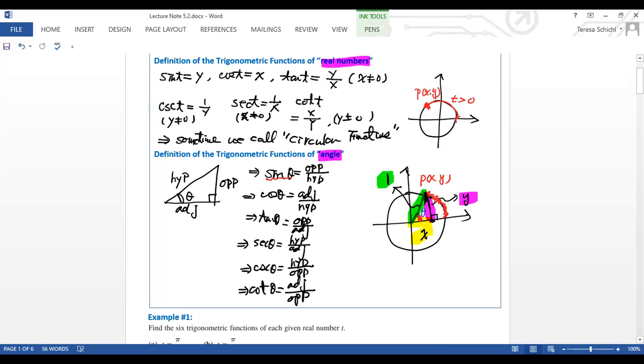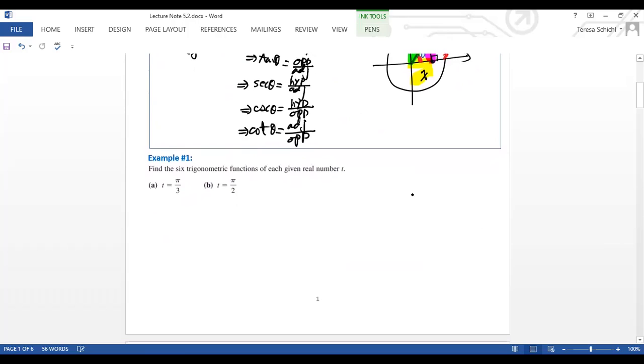This arc length, based on your geometry, is the central angle, right? So if some of you still remember what you learned in geometry, the definition does not contradict what we do using the unit circle. Sine x is still the opposite over hypotenuse, but my hypotenuse in the unit circle is 1 here.